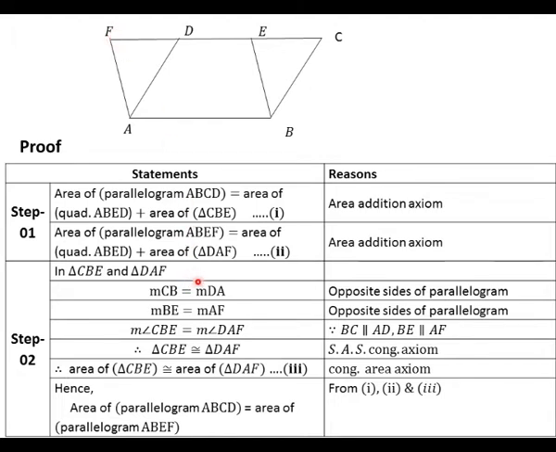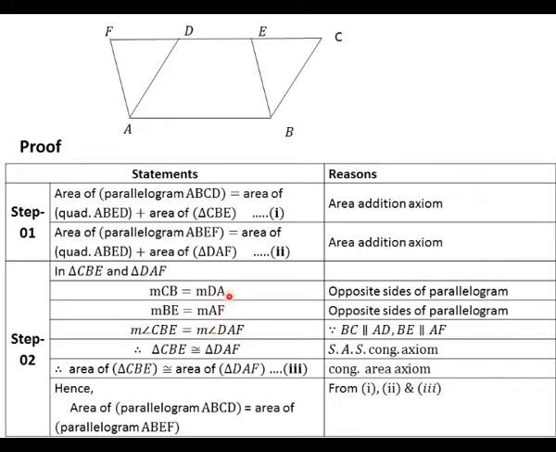And the third one, that we are making the angle: angle CBE is formed by joining the sides CB and EB, and angle DAF is formed by the joining of two lines, DA and FA, and these lines are congruent, so these angles will be congruent.